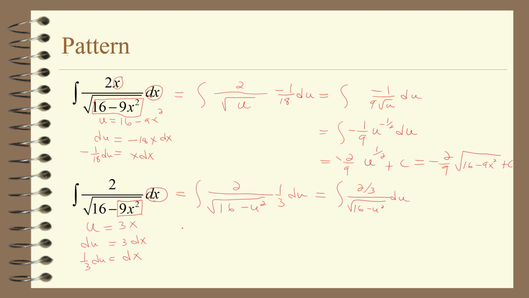And we know how to integrate that. Take the 2/3 out. You have 1 over the square root of 16 minus u squared du. And we recognize that as one of the arc function rules, so it's the arc sine. So that is 2/3 the inverse sine of u over 4 plus c.